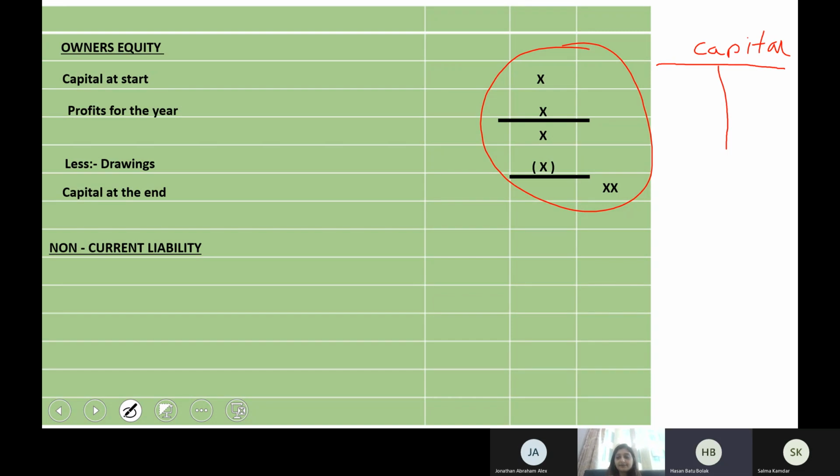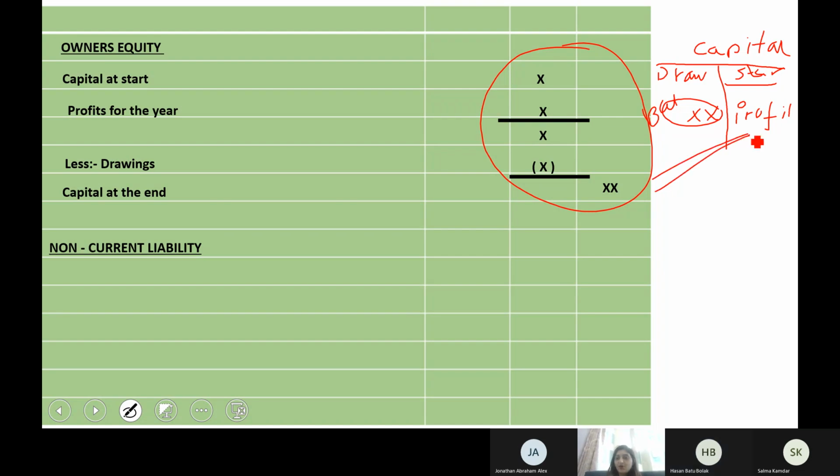Total asset minus current liability minus non-current. Capital at start would come over here. Drawings will come over here. Profit will come over here. And you will get this amount as balancing figure. The amount that you get as balancing figure would be capital at the end.